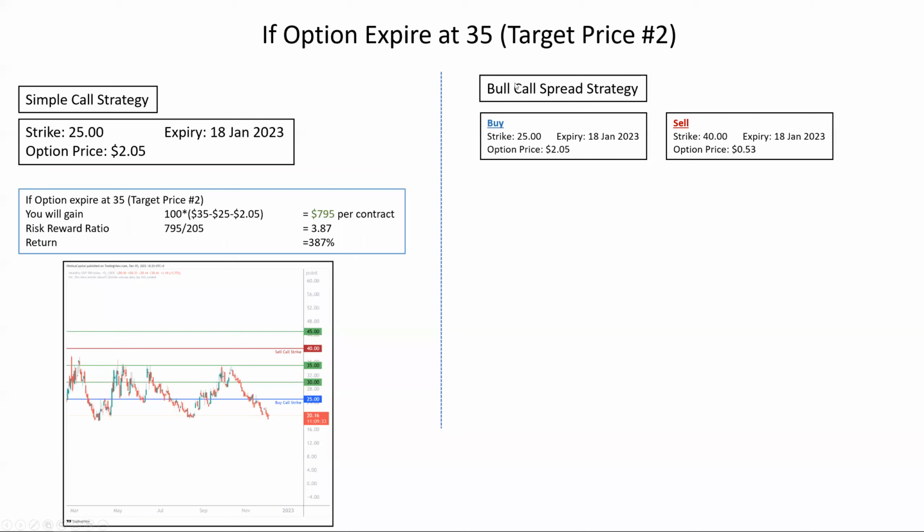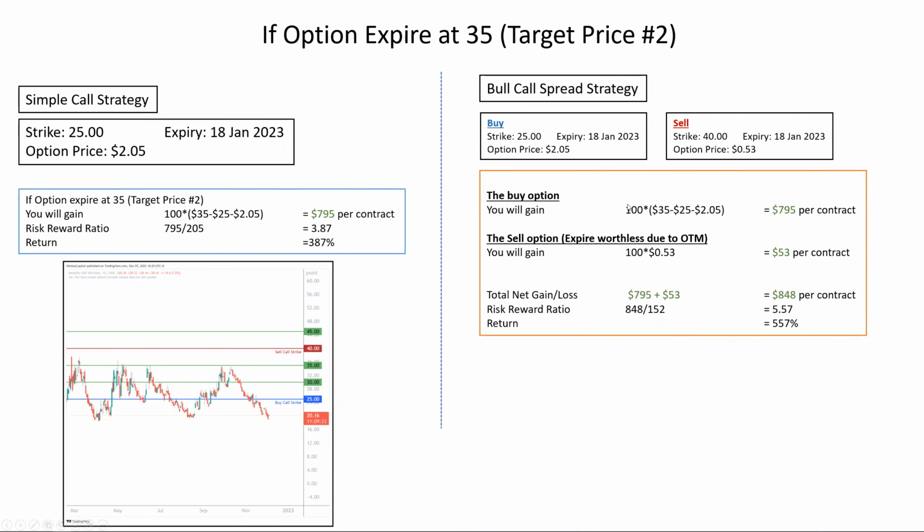But what if we use the bull call spread strategy? On your buy side, you will still get the same amount, $795. But since 35 is still below the 40 strike on the sell side, you will still get the $53 added to your total profit.